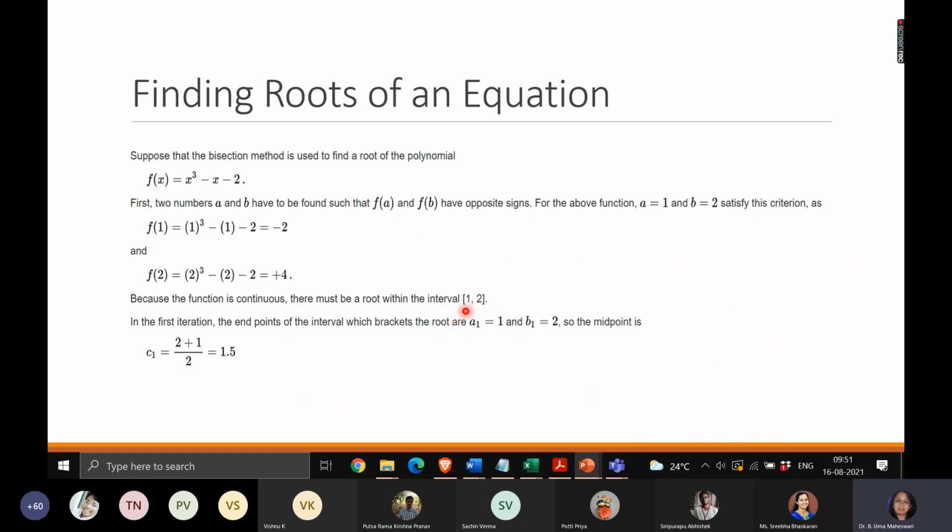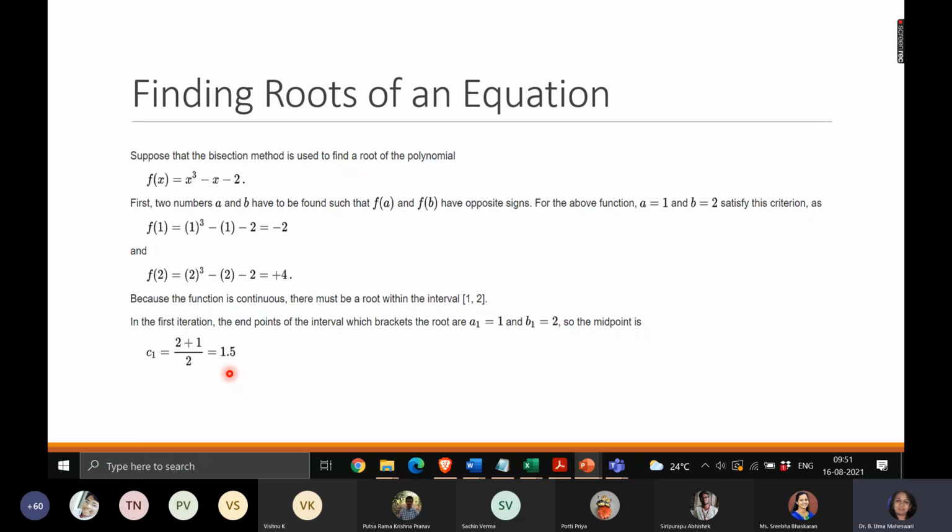Within this interval where the root lies, we are going to repeatedly do some operation. What is the operation? We will find a midpoint. Given the lower value and the upper value, 1 and 2, what is the midpoint?